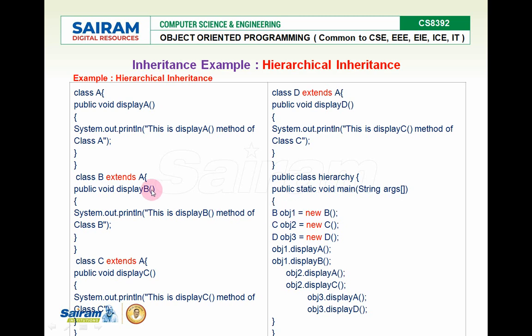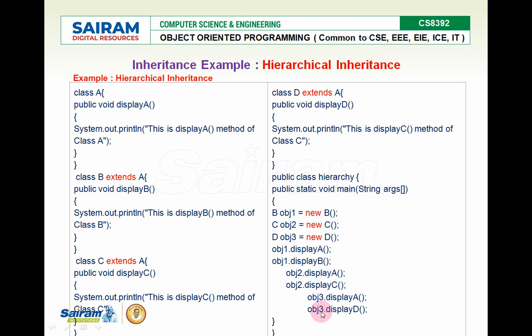So obj1 belongs to class B. obj1.displayA works because in class B a copy of the display function is available, and in class C and class D also a copy of the display function is available because of inheritance. obj2 is for class C, so the displayC function can be called, and displayA can also be called. obj3 is for class D. In class D, displayD is there, along with displayA because of inheritance.